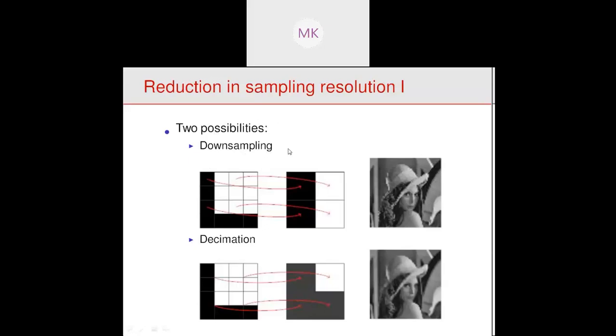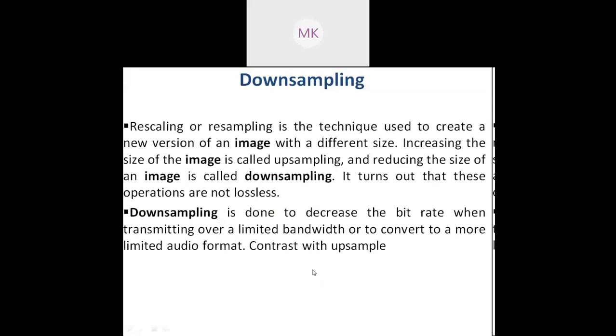That means the image can be reduced from 1500 dpi to 250 dpi. Rescaling or resampling is the technique to create a new version of the image. Downsampling is done in order to decrease the bit rate when transmitting over a limited bandwidth or to convert to a more limited audio format.